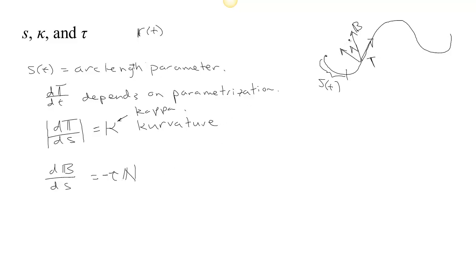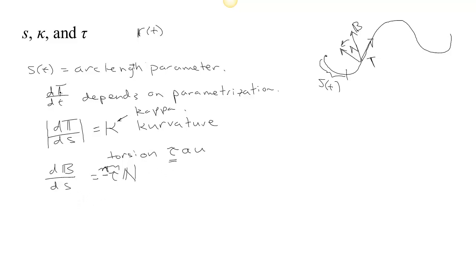Now, if B changes in the direction of the normal, it's going to be rotating about the curve. And so we call this number here that measures how strongly B is changing, this gives the direction, right? That's a unit vector. This gives us the magnitude. We call this number tau the torsion. So it turns out that dB/ds will be minus tau times N. So this number tau is the torsion. Tau, of course, is the Greek letter for t.